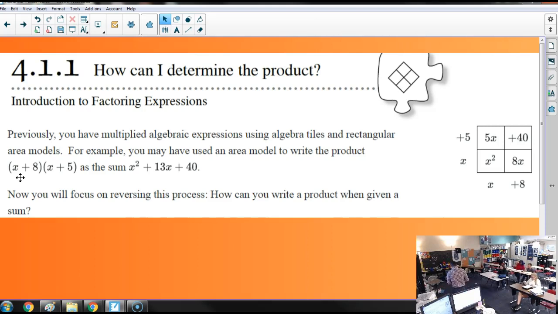So why are we going to do this? That is the basis of what I want you guys to understand. We'll get to the area model version of this, but why are we doing this? Actually write down x squared plus 13x plus 40, and then write down equals x plus 8 times x plus 5.